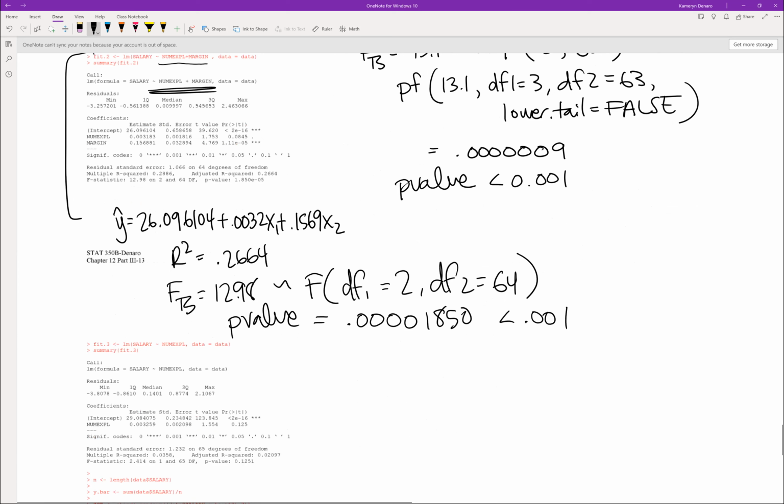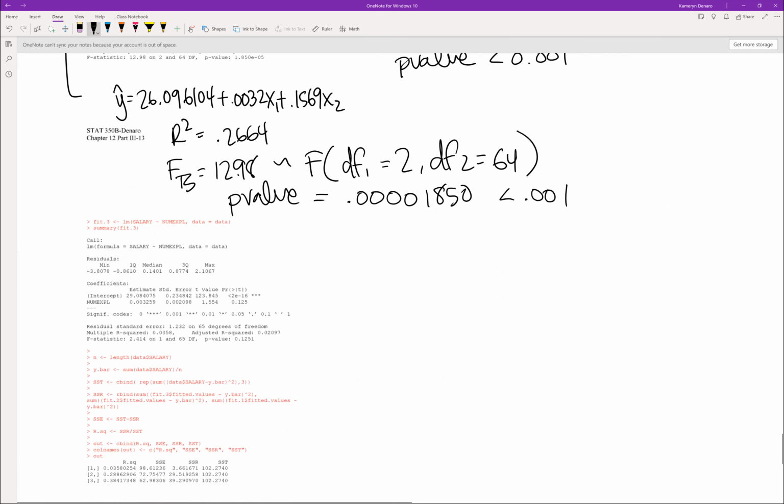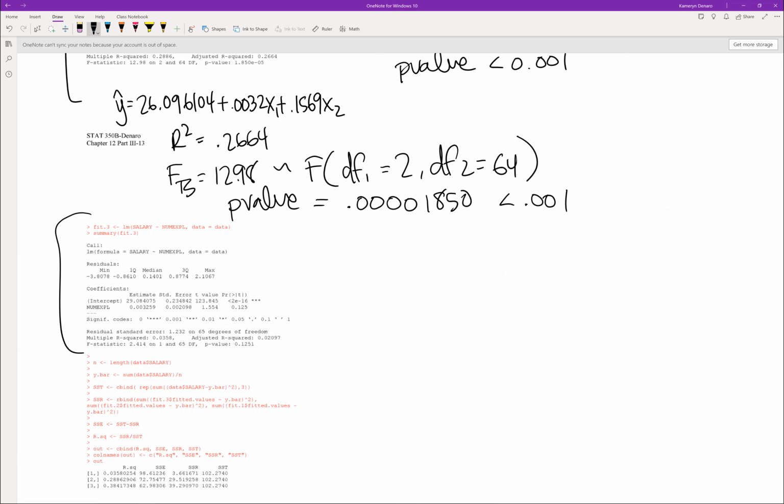In this next model, we just have a single variable, number of employees. So our y hat was equal to 29.084 plus 0.003 x1. And our R squared value is much smaller, 0.0358. So only 3.58% of the variation in salary can be explained by the number of employees.